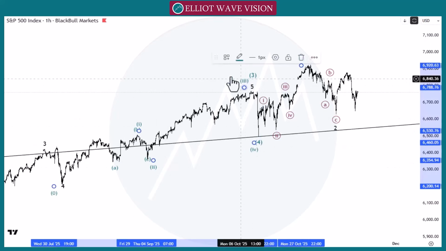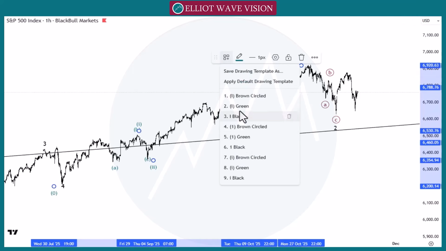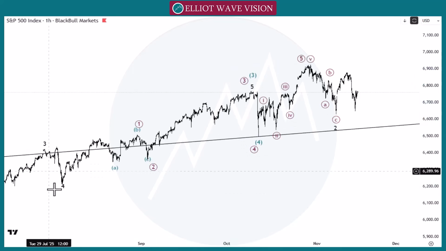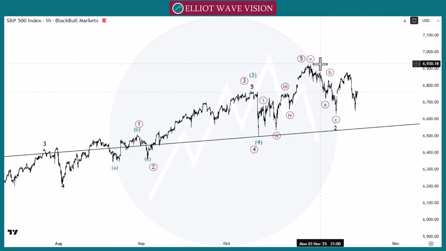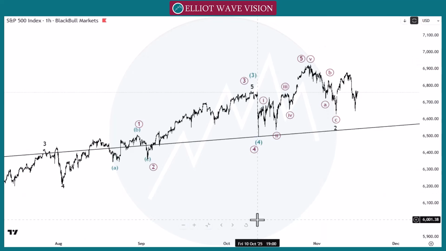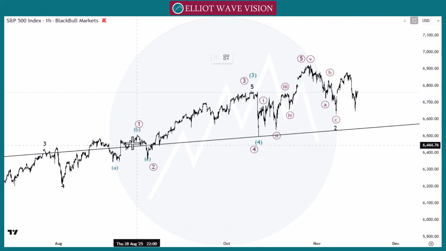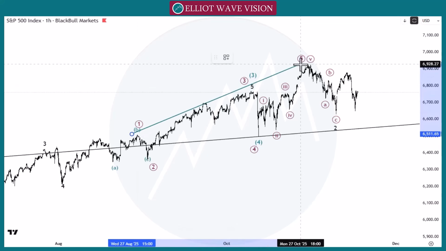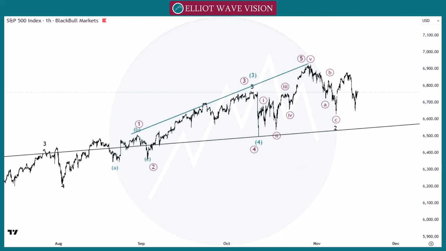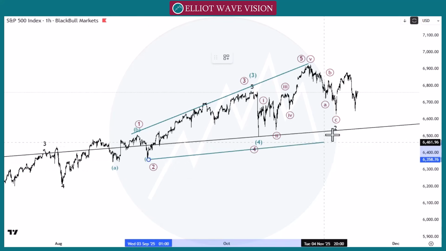Like this as a brown wave. Then this whole count we count as a diagonal, leading diagonal or ending diagonal, from this point to this point.